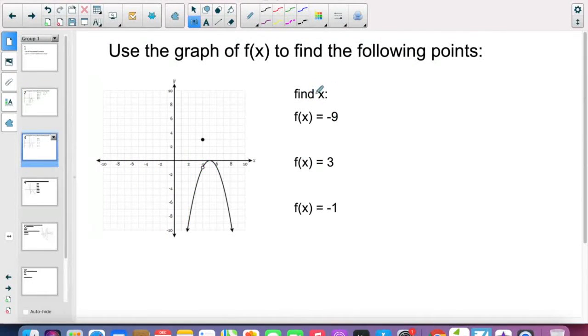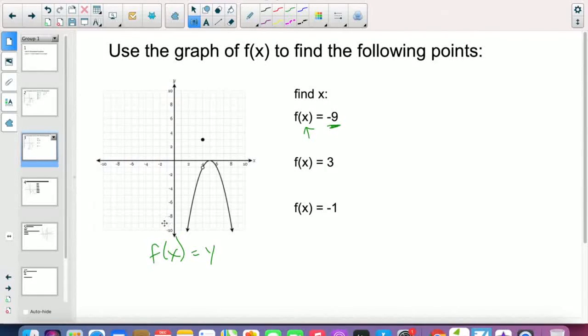They want you to find x this time, and now they're giving you that f of x equals a number. So now, if we know that f of x is equal to y, then haven't they in this problem given us the y value? And they're asking us to figure out what x value would be in the parentheses to give us this y value. So let's see, when is y -9?